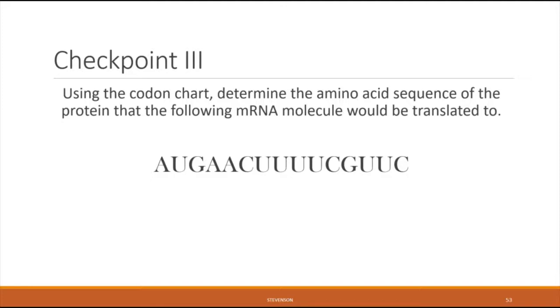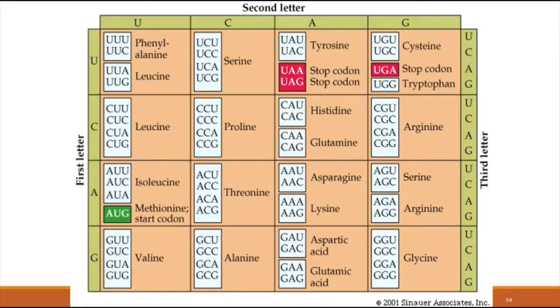So how you should go about this is you should write the sequence down, you should divide it up into three-letter words, and then you should take those three-letter words and cross-reference them with the codon table, which I have again for you here, to figure out what is the sequence of amino acids that will be incorporated into the protein based on those letters.